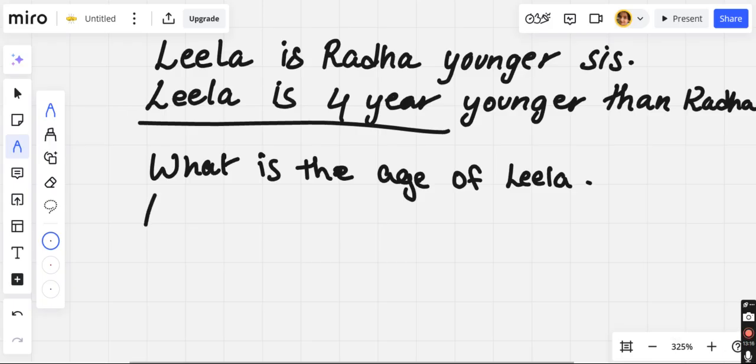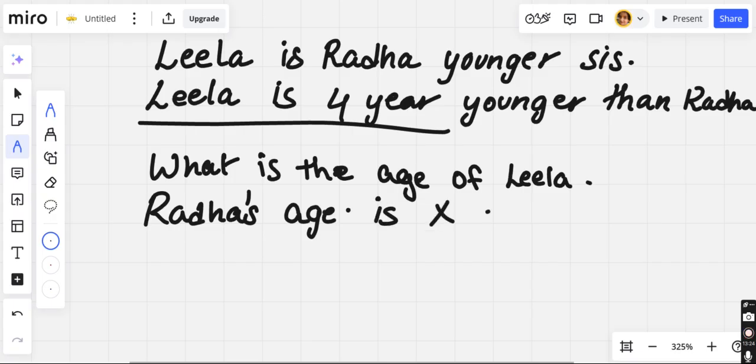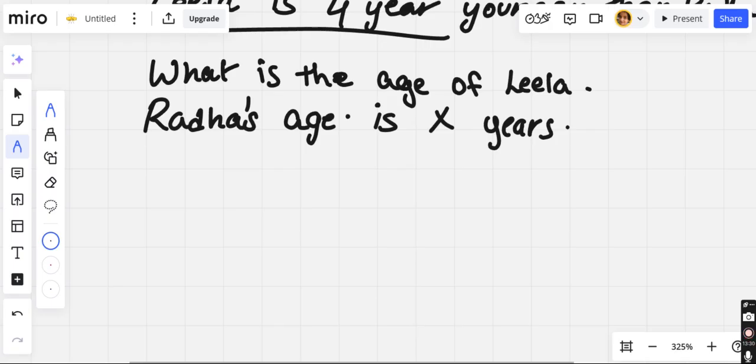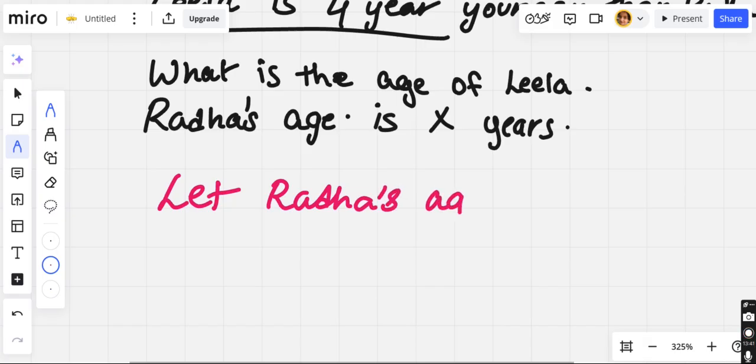So here Radha's age is x years. What will be the answer? Let Radha's age be x.